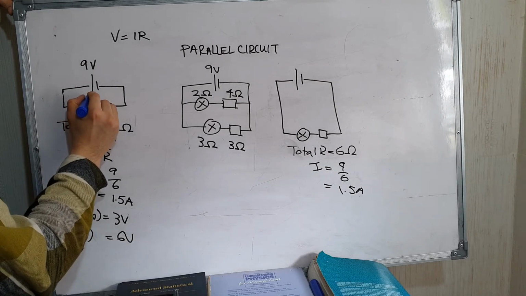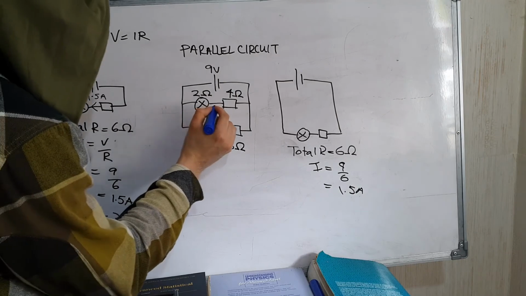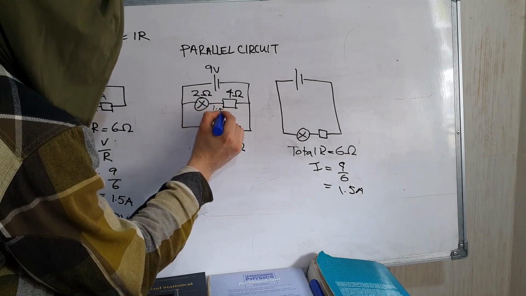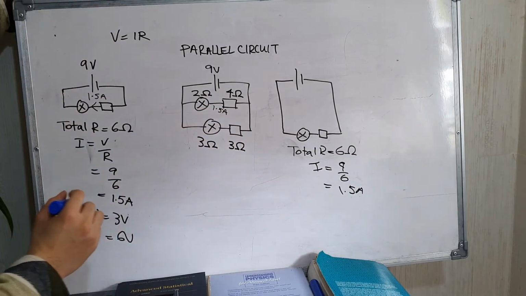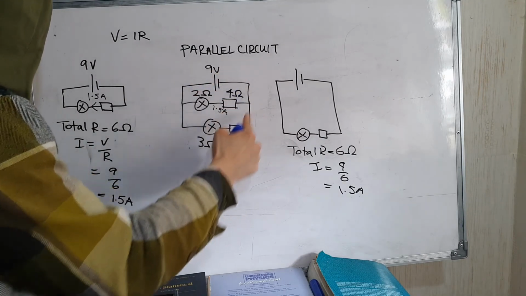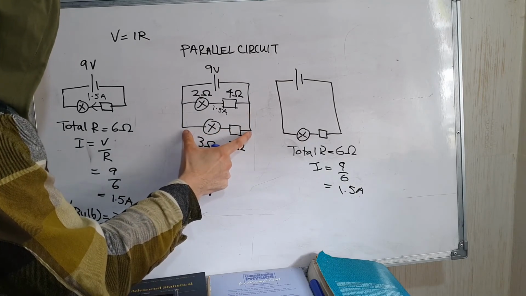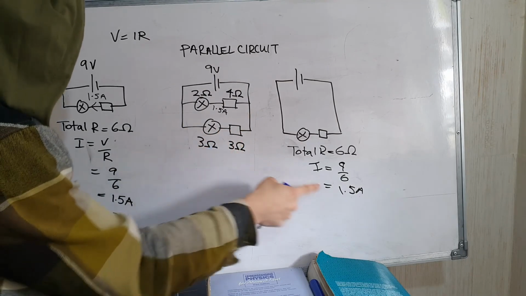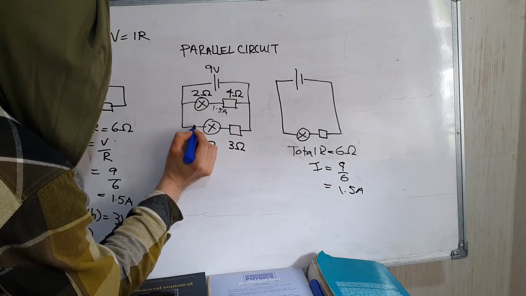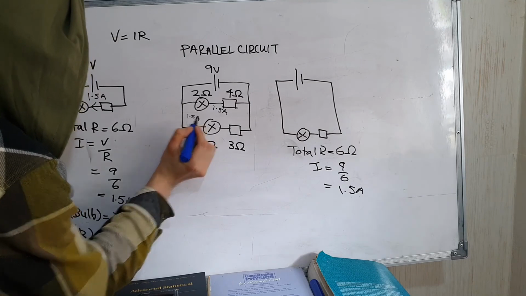So for this road, it is 1.5 amps. The same thing applies for this circuit, but it only applies for this single part. So for this single part, it is also 1.5 amps.